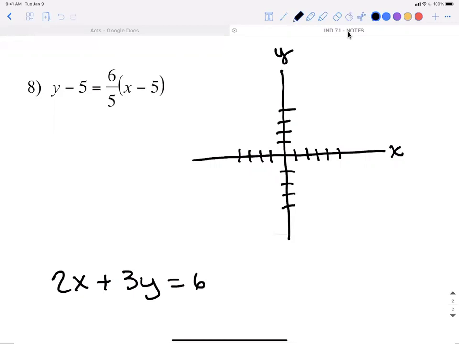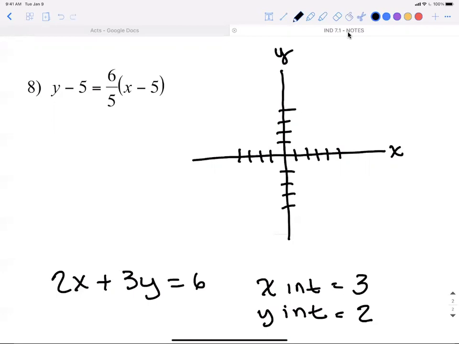So if I just wanted to state my x-intercept and my y-intercept, if I cover up my 2x, and I divide both sides by 3, I get y equals 2. Everybody agree with me there? Then if I cover up my 3y and I divide both sides by 2, I get x equals 3. And I've just found my x and my y intercept. Very easy math. Don't have to move anything around.